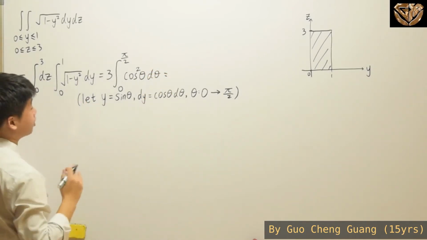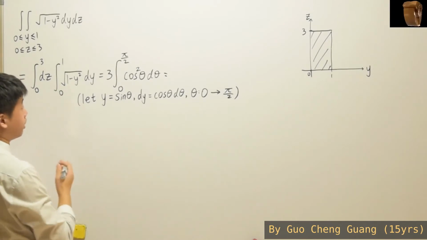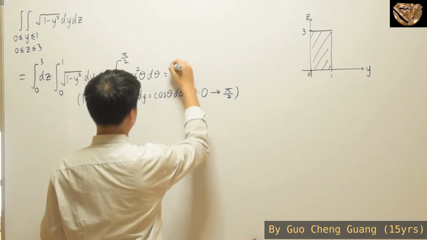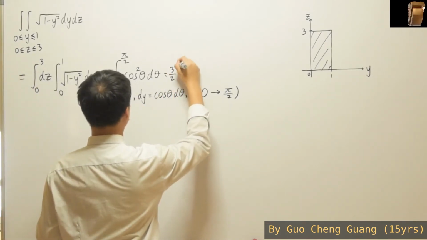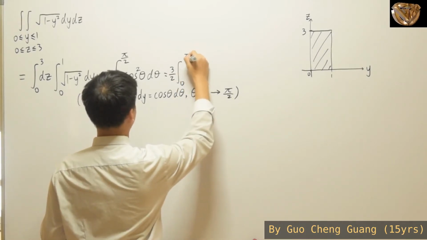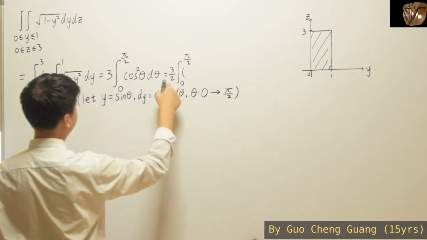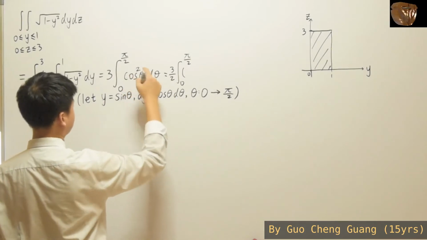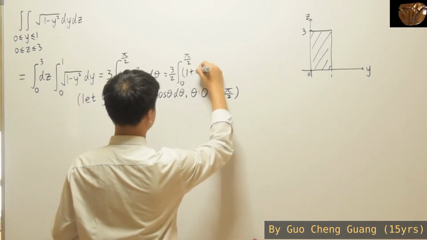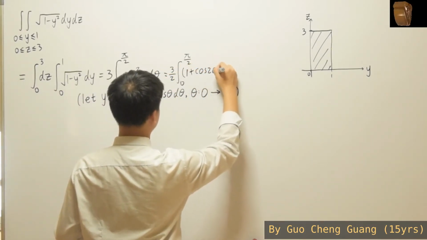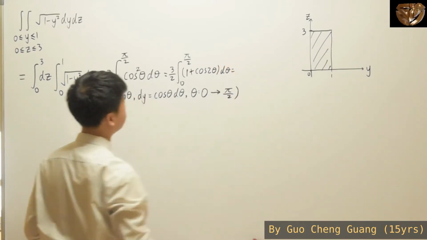And since now you have a cosine squared, you could just use your double angle formula in order to finish your integration. So half from the double angle formula, cosine squared gives you 1 plus cosine 2 theta d theta.